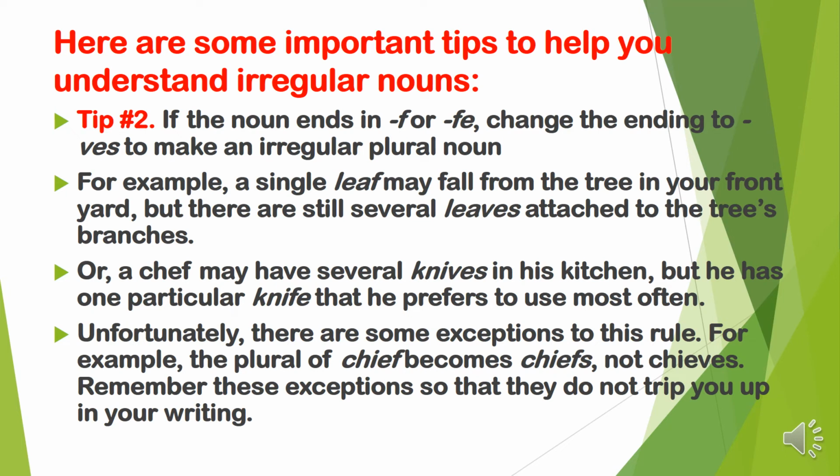So from leaf, singular, to become plural, we change it to leaves. Why? Because the noun ends in F or FE, you are going to add VES. Or a chef may have several knives in his kitchen, but he has one particular knife that he prefers to use most often.